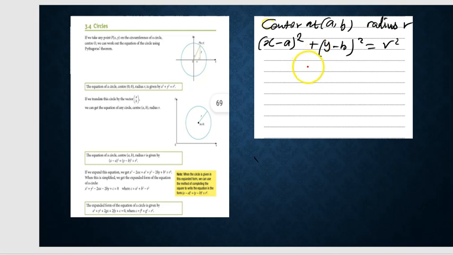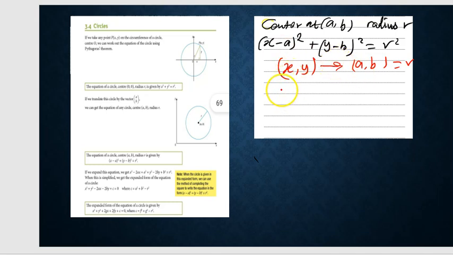So if we have x and y, and this (x, y) lies on the circle, and we look at the distance from (x, y) to (a, b), this must be equal to r, such that we can put them under the square root.